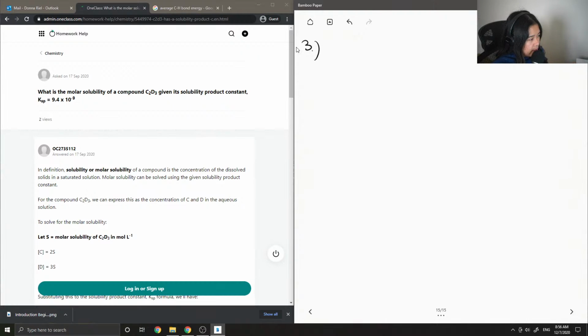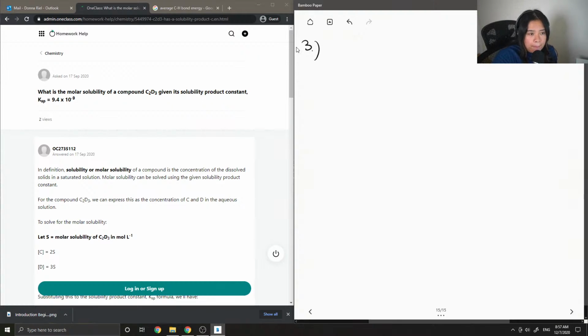Okay, so question 3 just asks, what is the molar solubility of a compound C2D3 given its solubility product constant? KSP is equal to 9.4 times 10 to the negative 9. Okay, so first let's just define what molar solubility is.